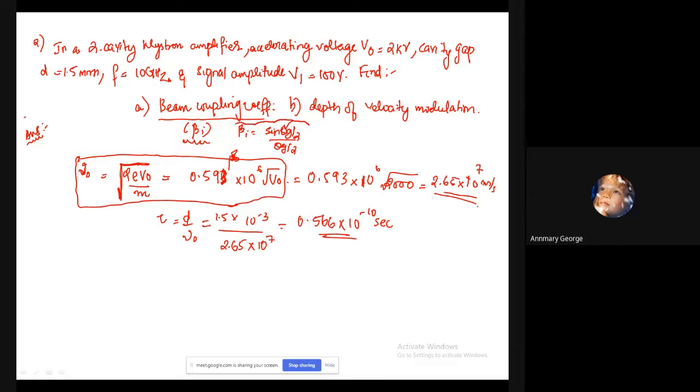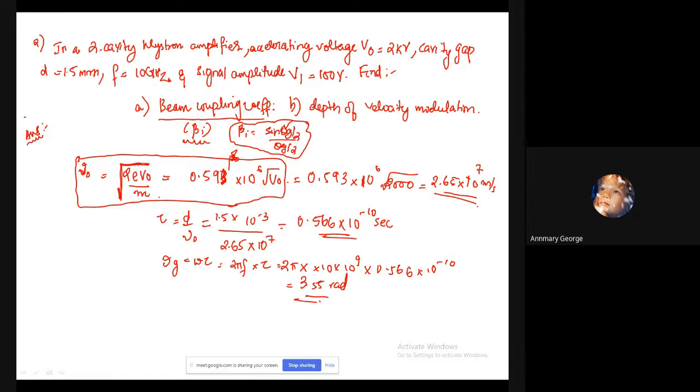In the last question we found the same value of theta g, same equation, that is omega tau, that is 2 pi f into tau. Substituting: 2 pi into 10 into 10 raised to 9 into 0.566 into 10 raised to minus 10, which will be equal to 3.55 radians.